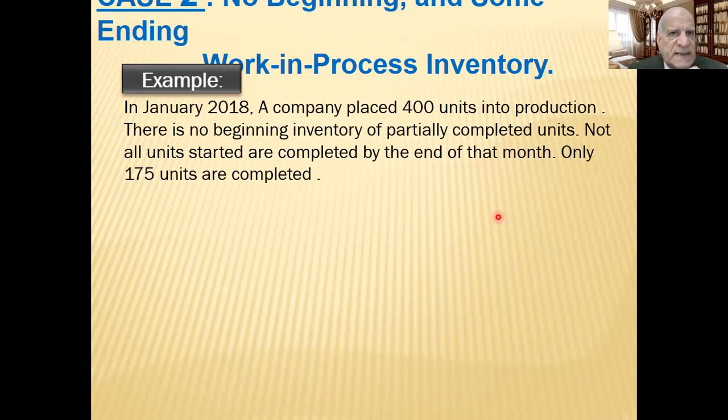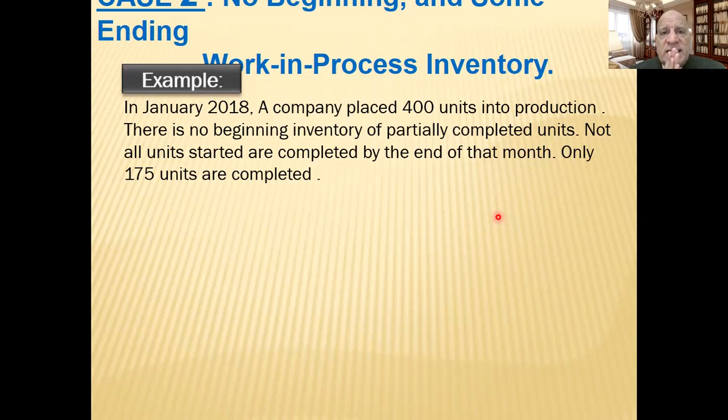Work in process ending degree of completion was 100% for direct materials, but 60% for conversion costs.